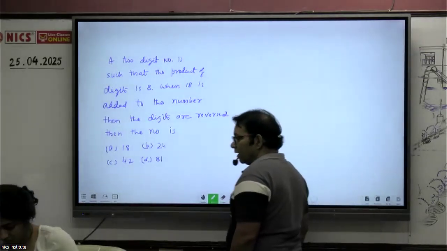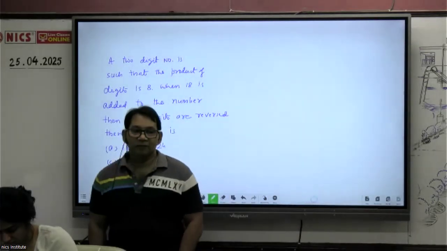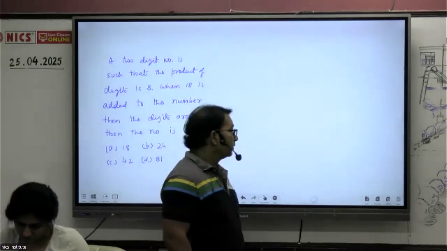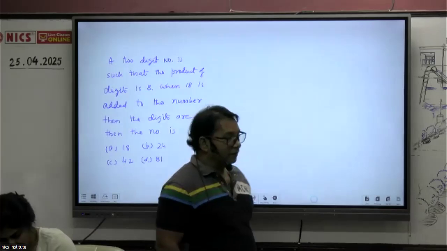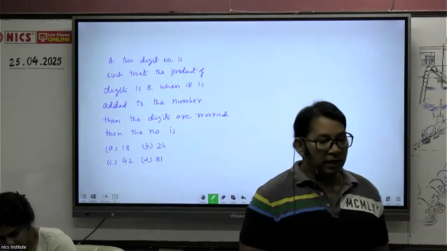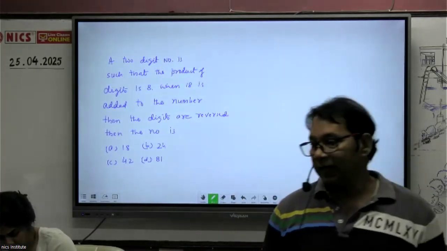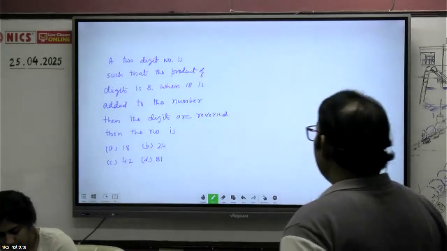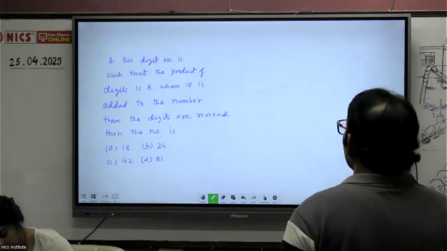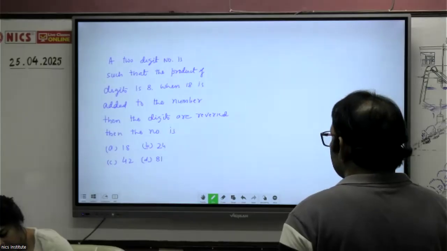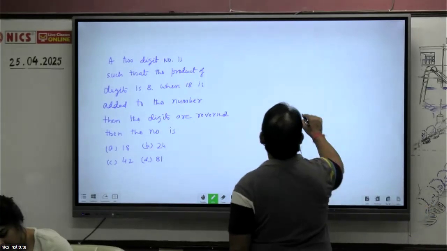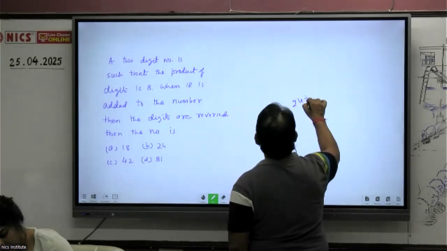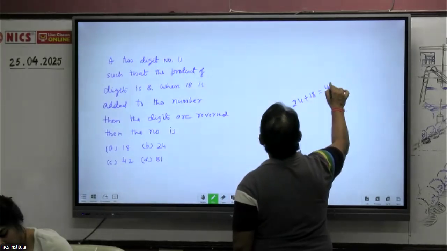You can answer it by having a look at the options also. In all four options, the product is 18, x into y. If I add 18 to 18, it'll become 36. These are not reversed. But if I add 18 to 24, it becomes 42.